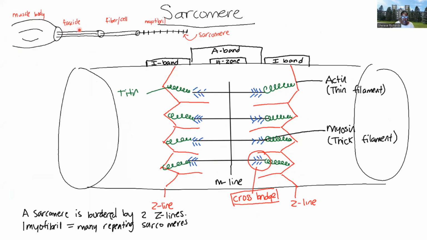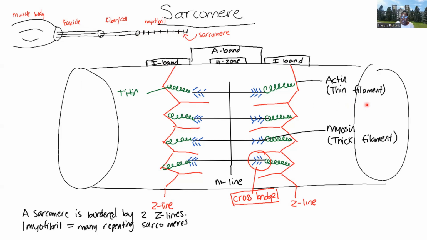Here's our fascicle covered by the perimysium. Here's our muscle fiber or cell, which is covered by the endomysium. And then within that muscle fiber, we're going to pull out one single myofibril. And then we're going to look at one individual unit on the myofibril, which is the sarcomere. Okay, so this is the level at which we're looking at in the entire muscle.